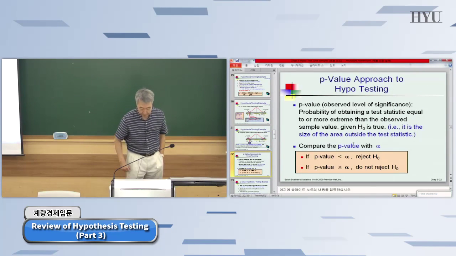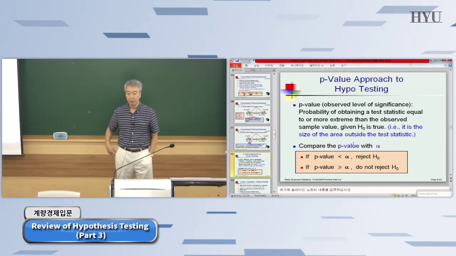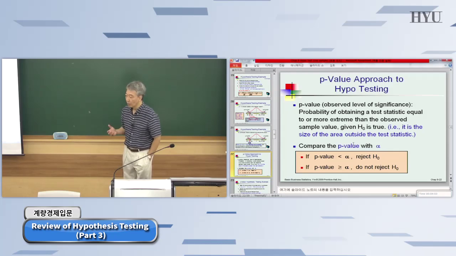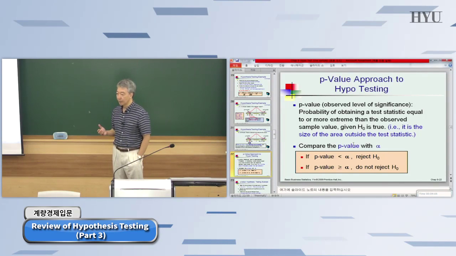In order to do that, you have to use the z-table and find the critical value. So if you want to use alpha level of 0.01 or 0.05, what should be my critical value? You need to go to the z-table and find that critical value.